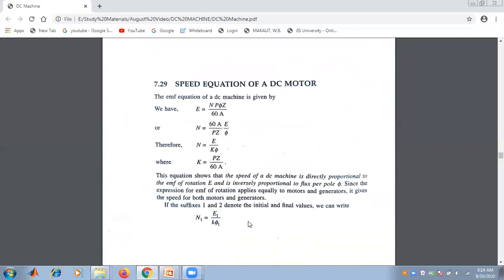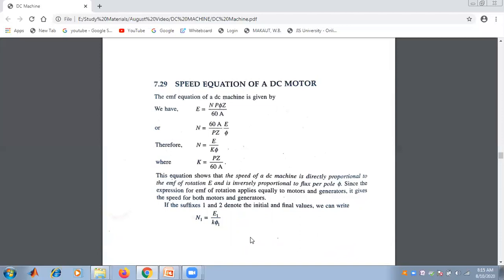So the equation shows that the speed of a DC machine is directly proportional to the EMF of rotation E, and inversely proportional to the flux per pole phi.